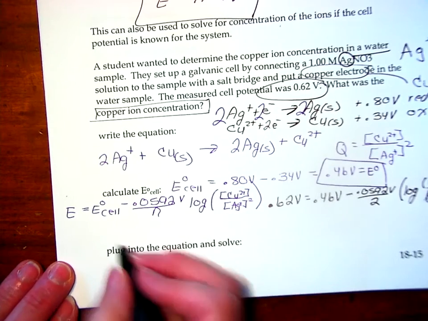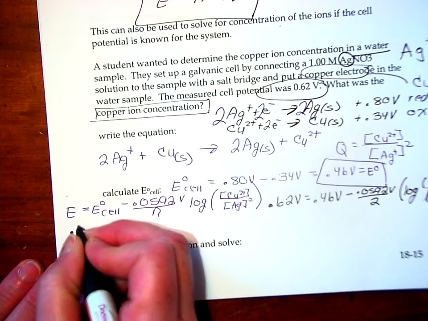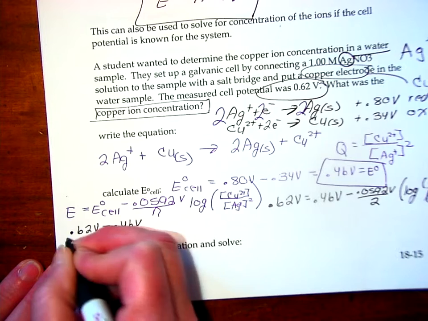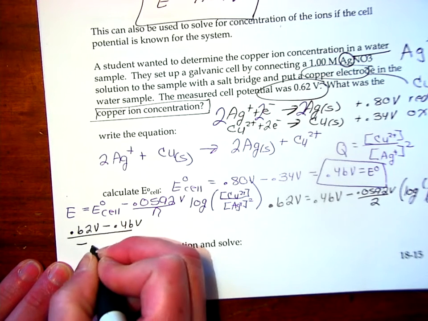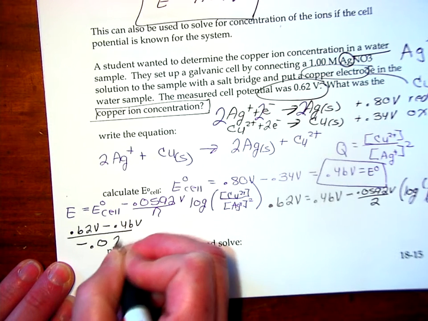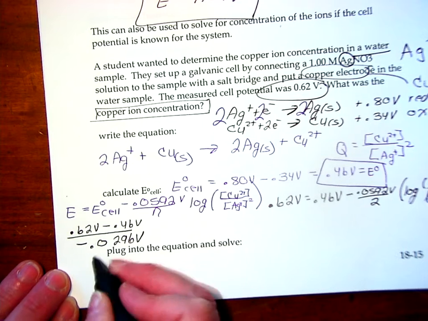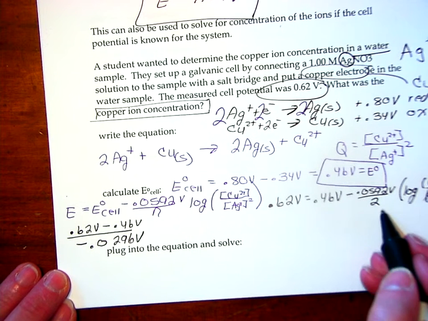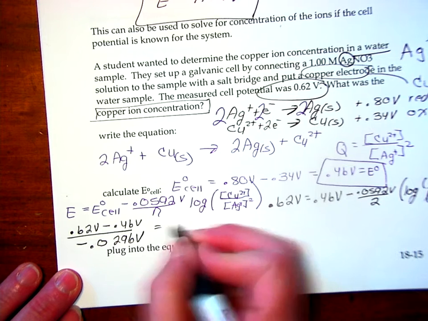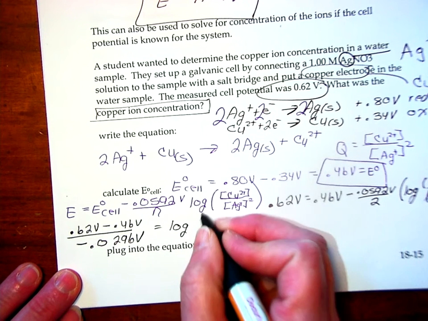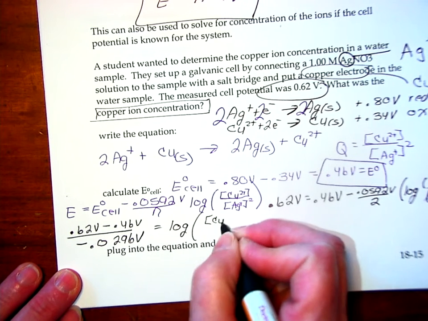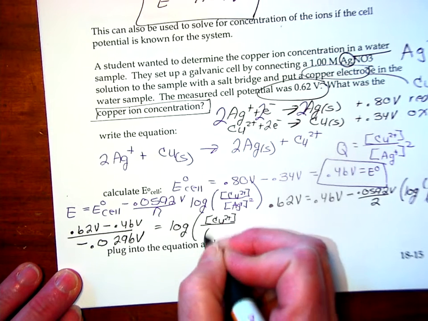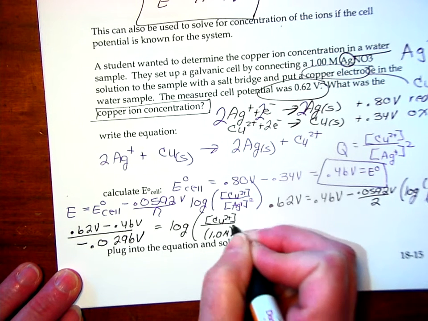So we plug this in and we get 0.62 volts minus 0.46 volts divided by a negative 0.0296 volts. I got the 0.0296 by dividing 0.0592 volts by 2. This is equal to the log of our unknown copper concentration divided by 1 molar squared.